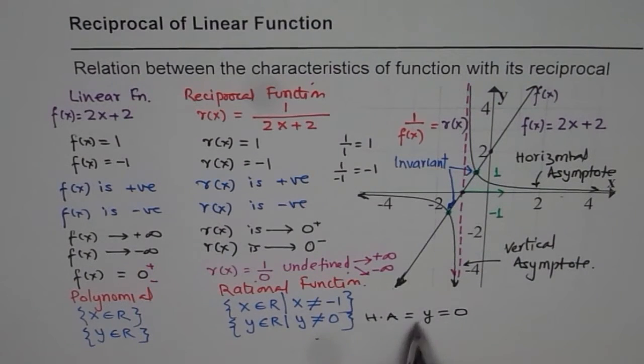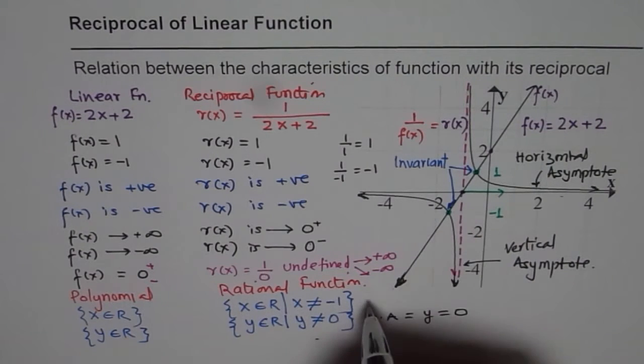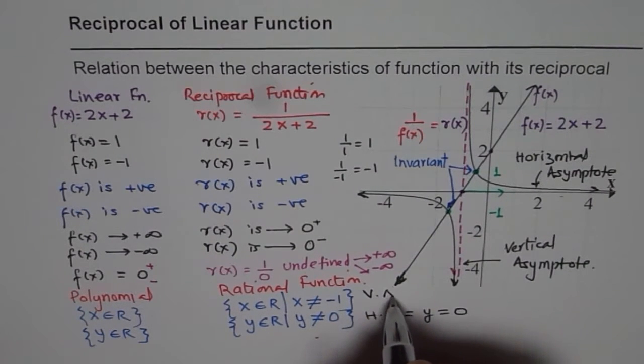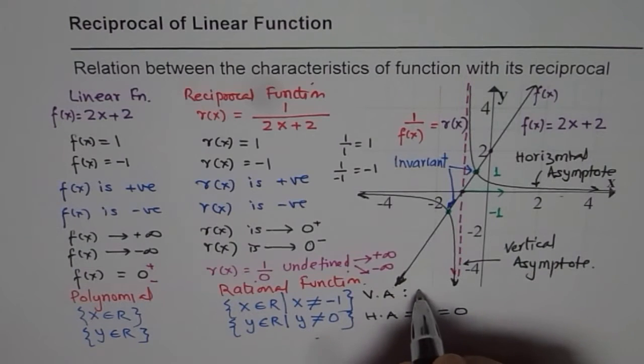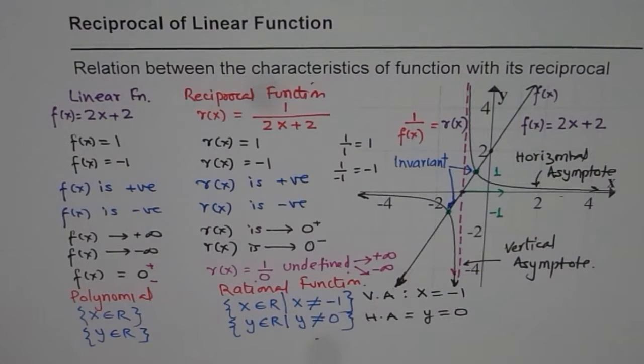It is approaching 0. And when we are saying that minus 1 is not in the domain, at that time the function is approaching infinity. Here we say the vertical asymptote is x equals minus 1, the value which is not in the domain, right? So these are additional things which you are going to learn and explore while we do reciprocal functions and thereafter rational functions.